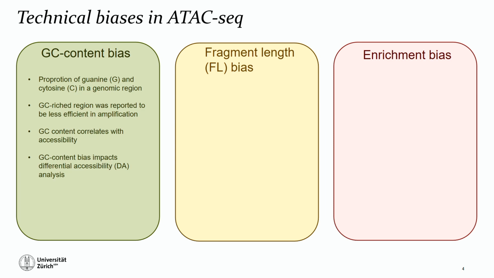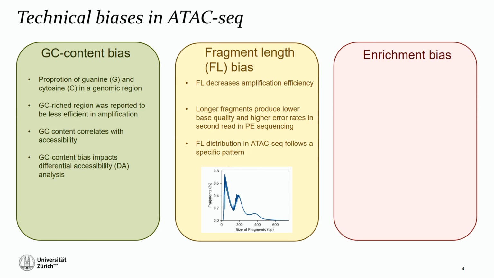More importantly, studies have reported that GC content bias will impact downstream analysis, such as differential accessibility analysis. Then we have the fragment length bias. Fragment length also affects amplification efficiency: shorter fragments will have higher amplification efficiency, and longer fragments produce lower base quality and higher error rate in the second read in paired-end sequencing.